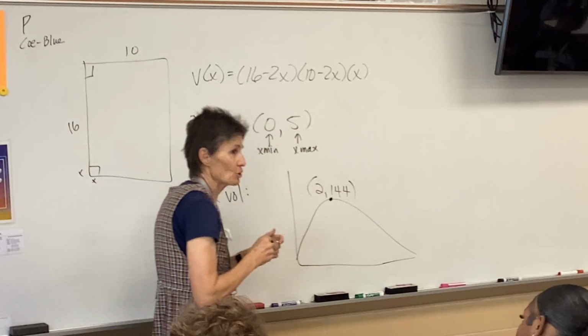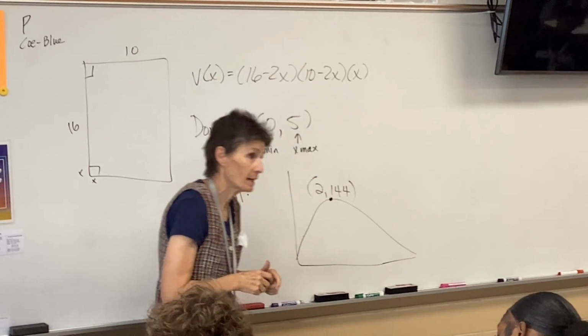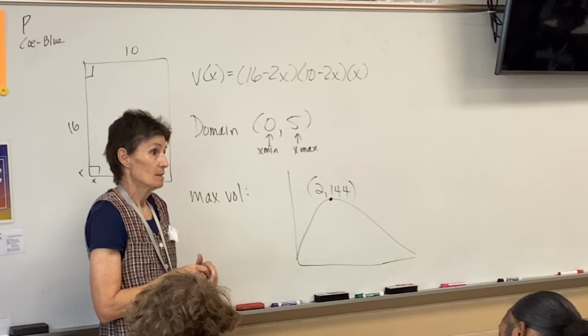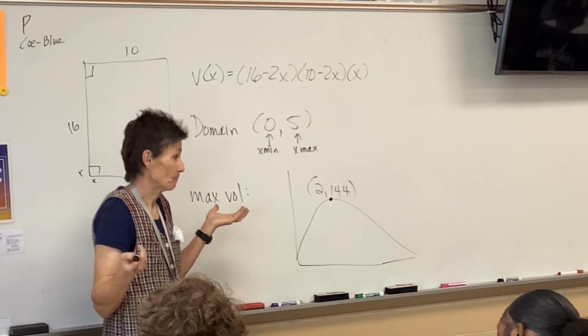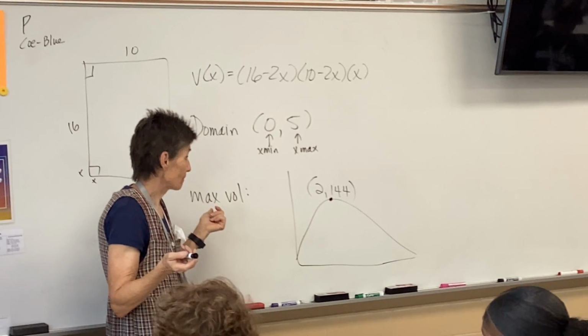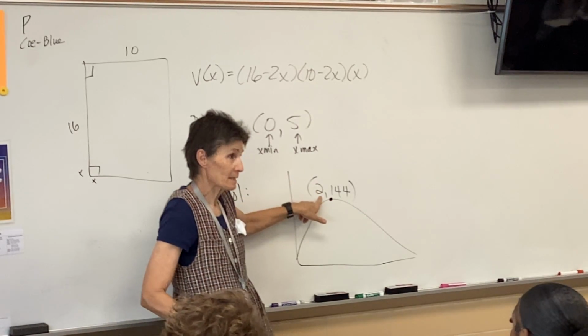Now, I didn't actually get 2, I got 1.999999. I'm rounding that off to 2 because it's too many 9s. Now, what does that 2 represent?